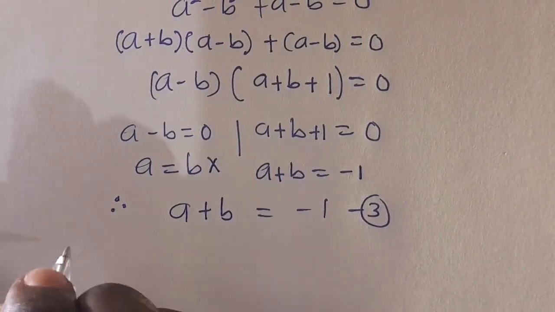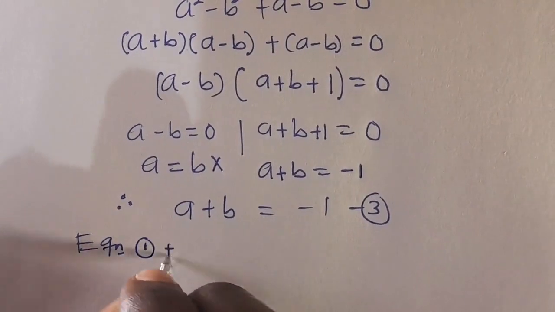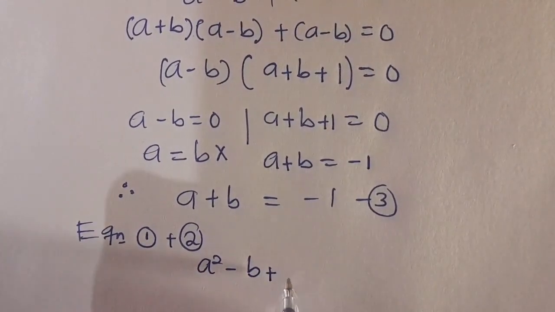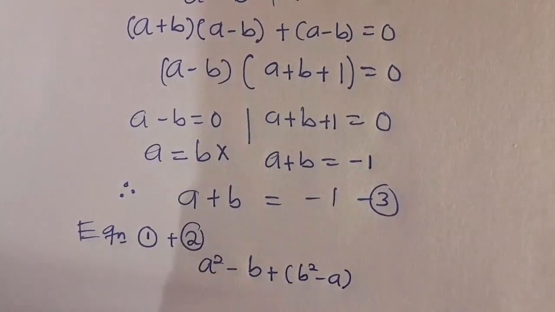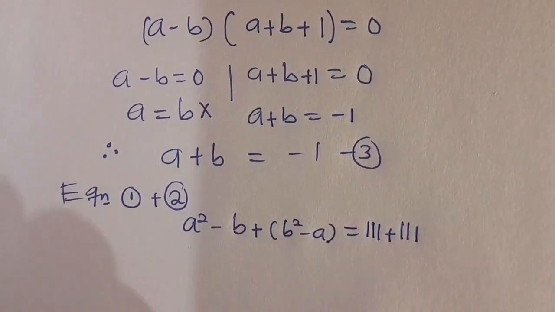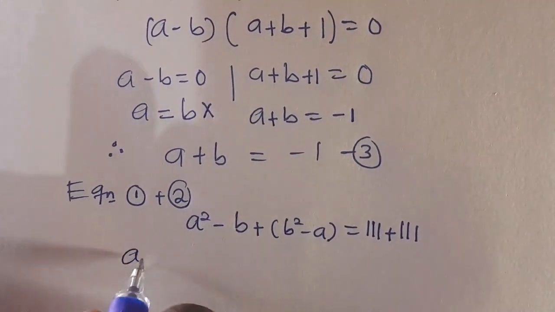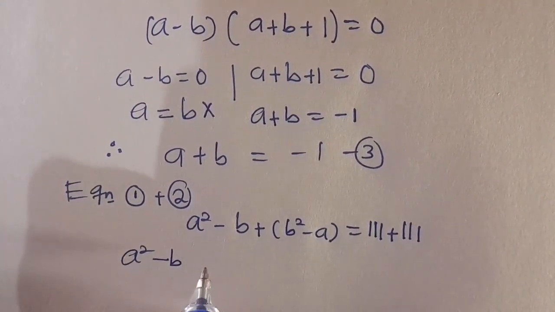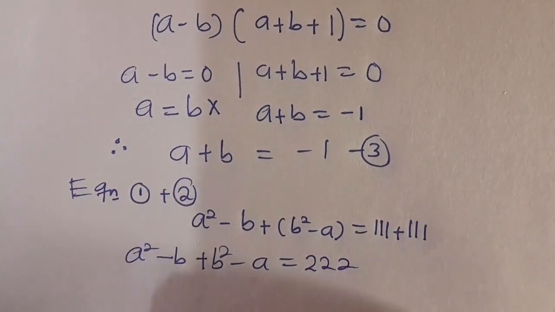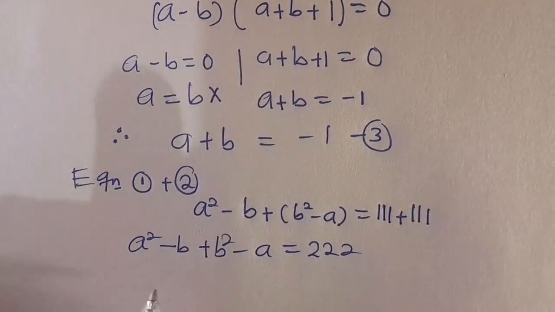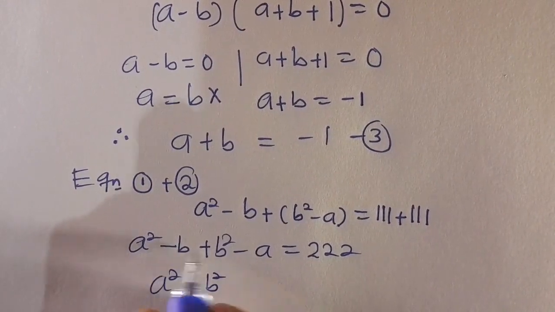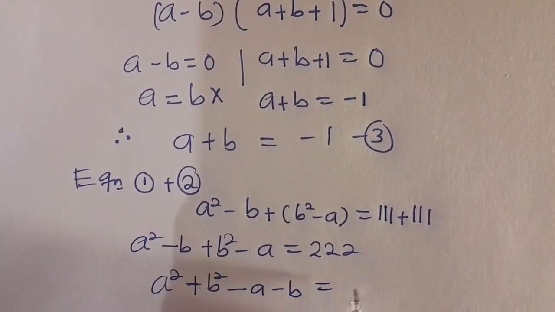When we add equation 1 and 2, we have a squared minus b, plus b squared minus a, equals 111 plus 111, which is 222. Taking terms together, we have a squared plus b squared, minus a minus b, equals 222.